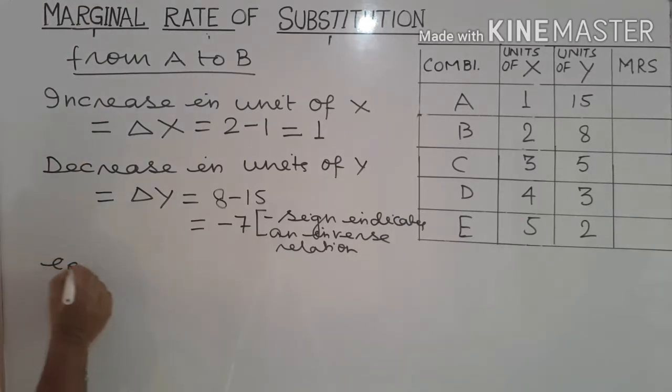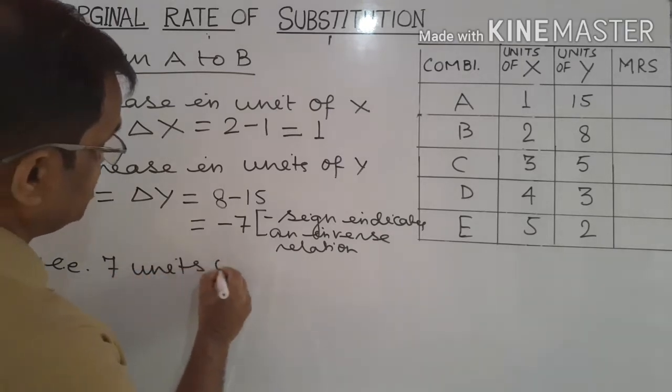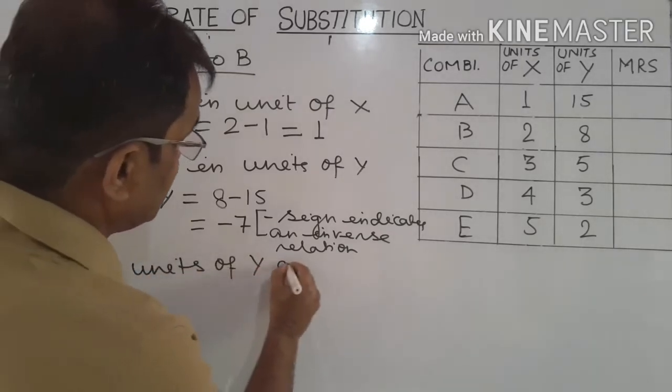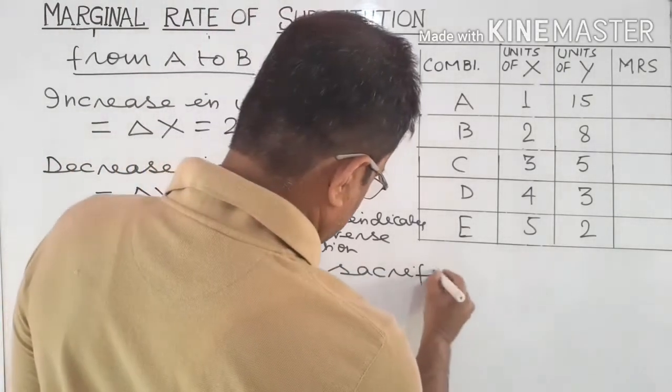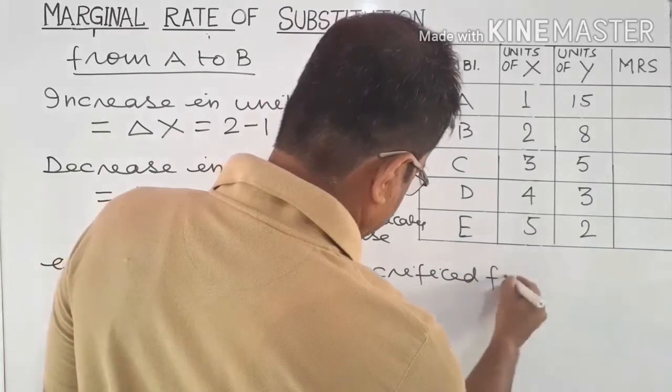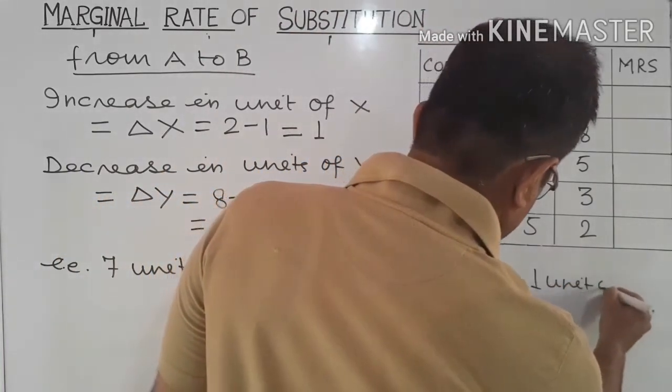That is, ignoring the negative sign we can write down that 7 units of Y are sacrificed. 7 units of Y are sacrificed for 1 unit of X.